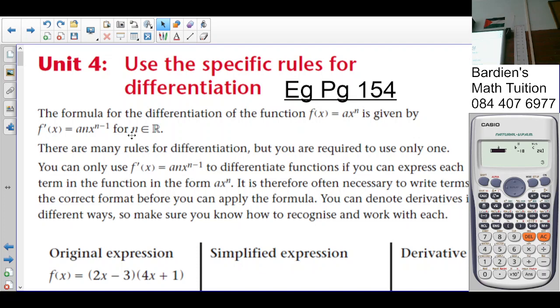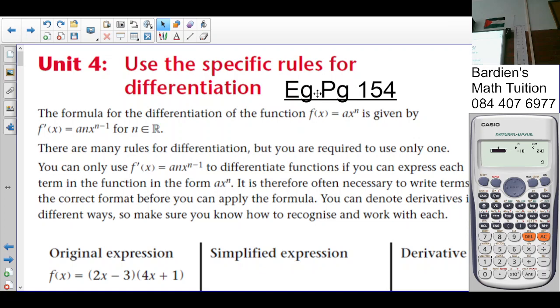Then we are told there are many rules for differentiation, but you are required to use only one. You can use f prime x equals a n x to the n minus 1 to differentiate the function if you can express each term in the function in the form ax to the exponent n. Which means if you can get it in this form, then you can differentiate.